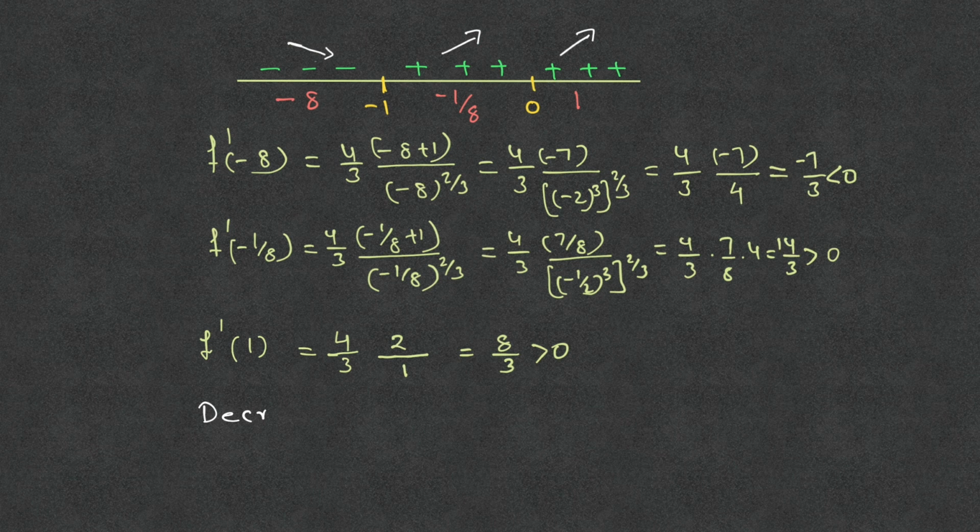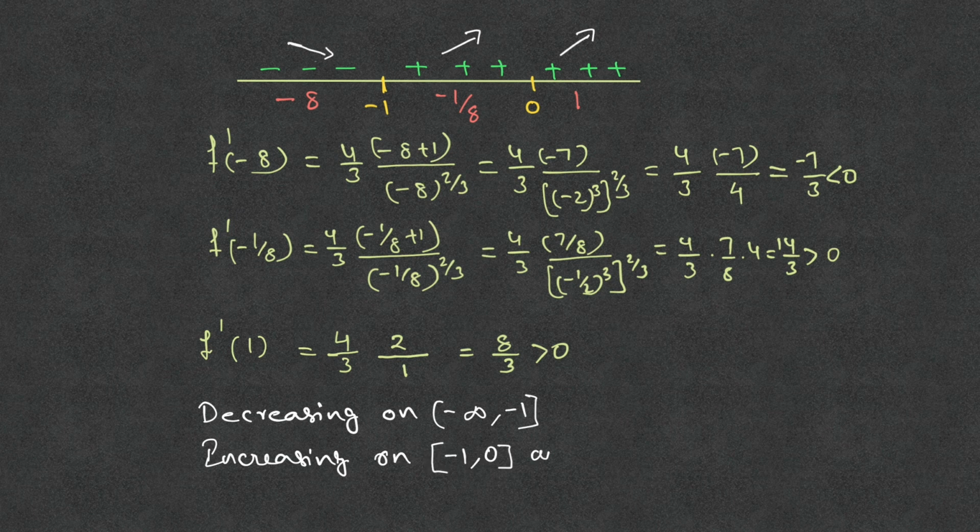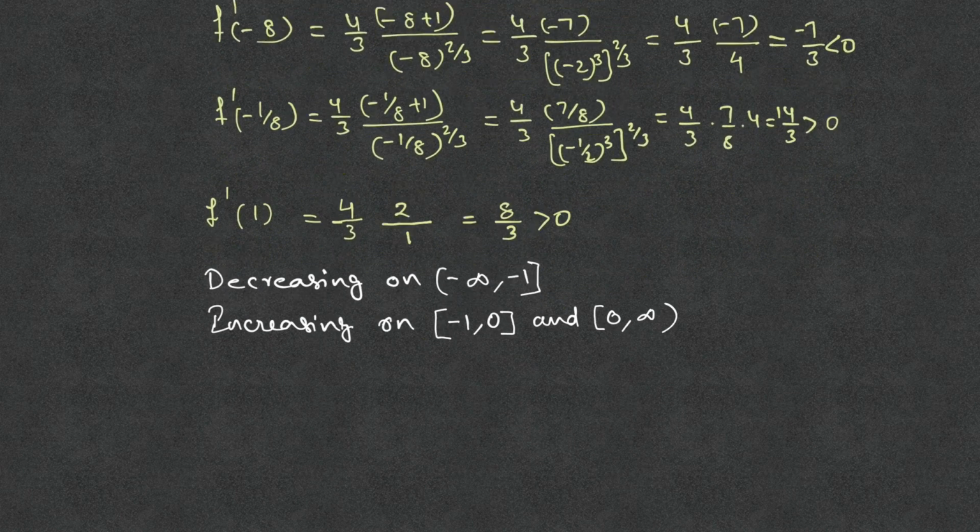The function, therefore, is decreasing in the interval negative infinity to negative 1, including negative 1, increasing in the closed interval negative 1, 0, and increasing on the interval 0 to infinity, including 0.